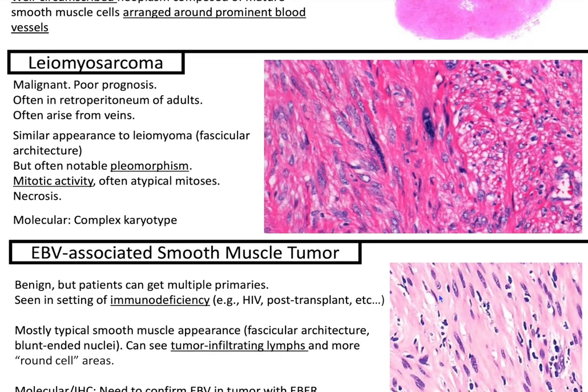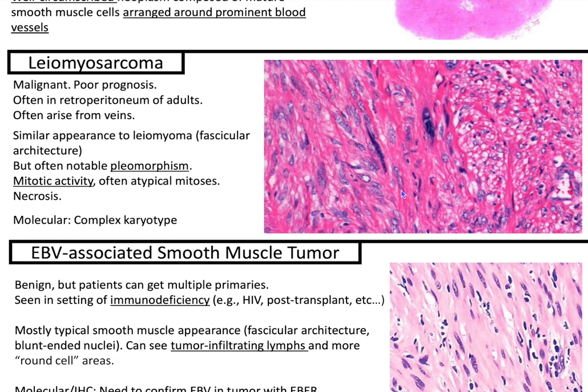Leiomyosarcoma. This is malignant, poor prognosis, oftentimes in the retroperitoneum of adults, and often arises from veins. It looks, from low power, similar in appearance to leiomyoma with the fascicular architecture, but as you look closely, you'll have notable pleomorphism. You'll have mitotic activity, oftentimes with atypical mitoses and necrosis.